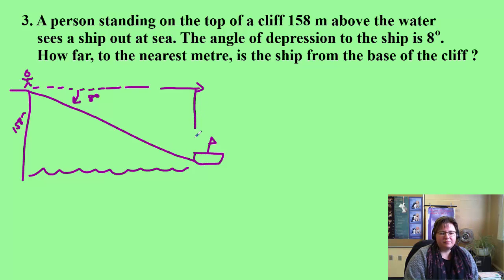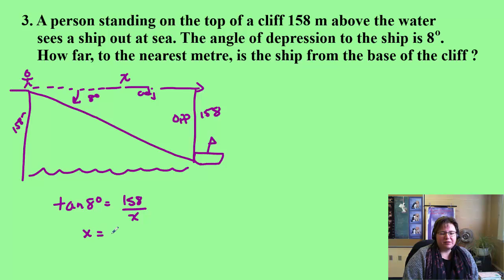So here's my triangle with 158 here, and I want to know how far away the boat is. So this is very similar to the last question we did with opposite and adjacent. So I want the tangent of 8 degrees is equal to the opposite side, which is 158, divided by the adjacent side, which is my x.